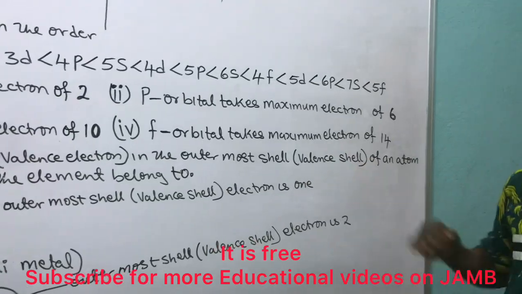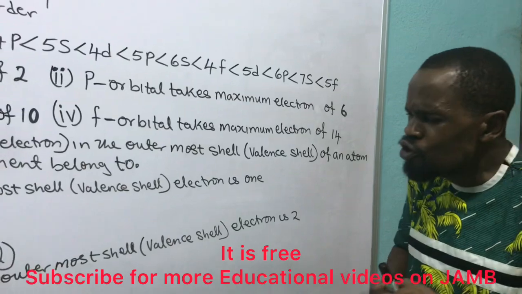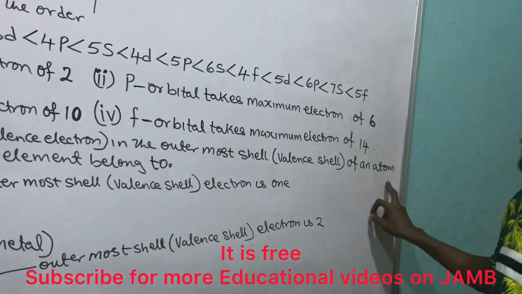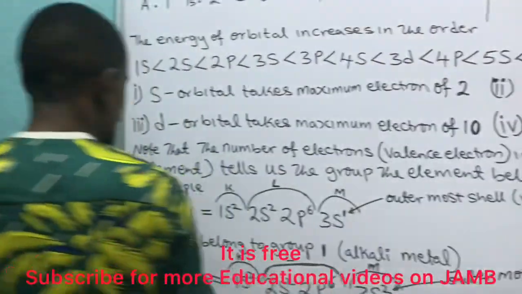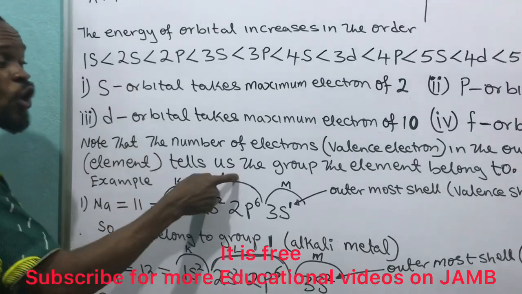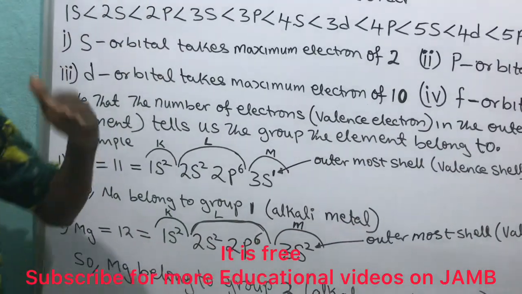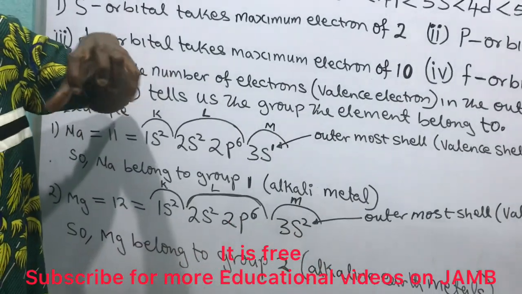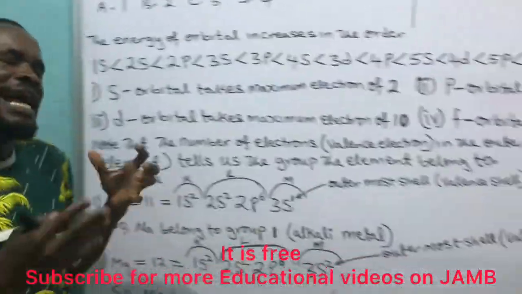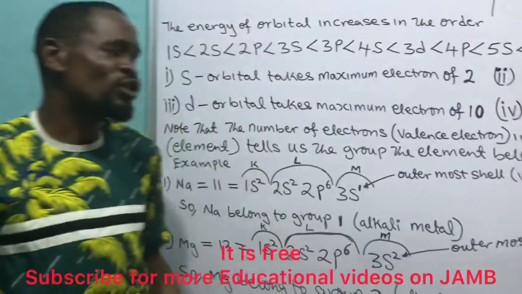The valency shell, where an atom used to react. The valency shell of an atom or element, either we call it atom or element, tells us the group the element belongs to. The number of electrons in the valency shell of any element tells us the group that element belongs to.